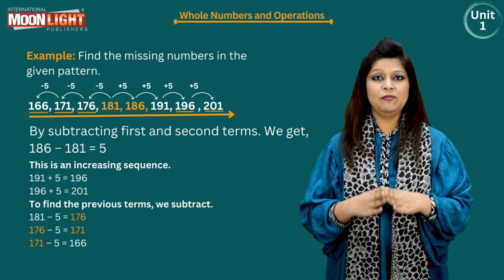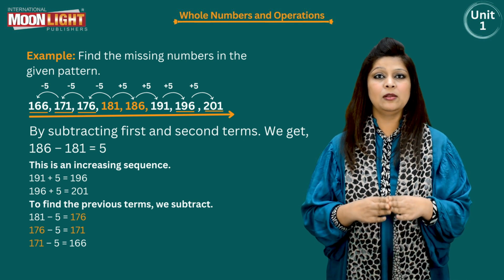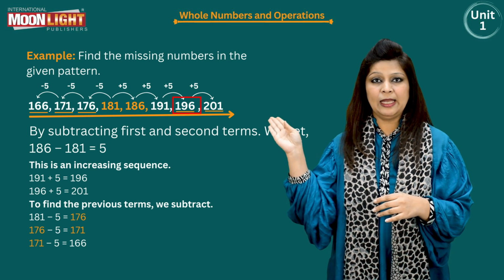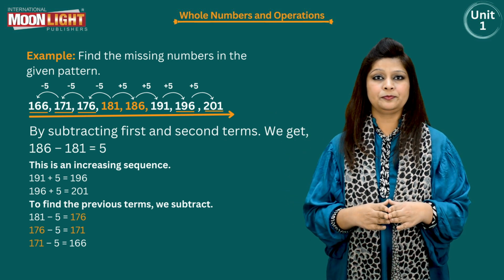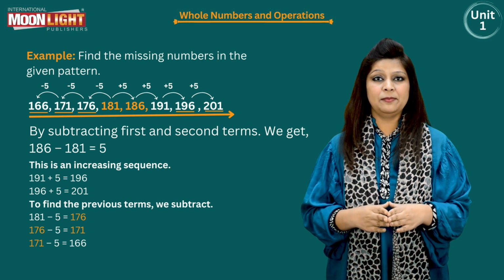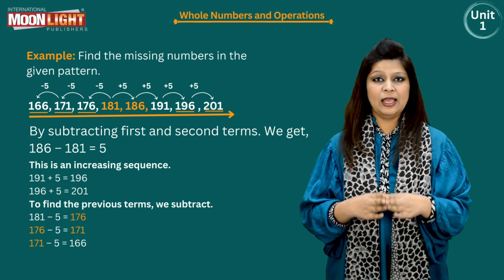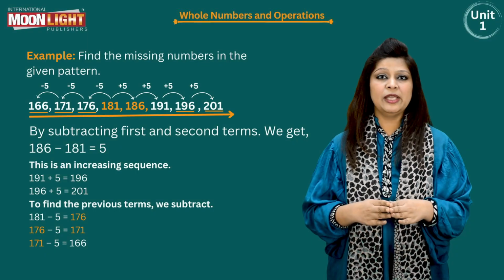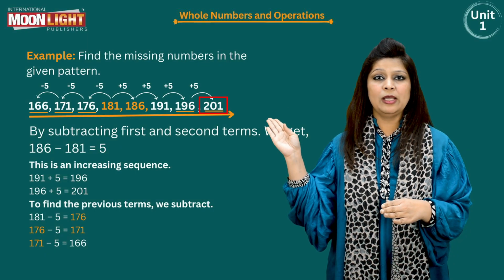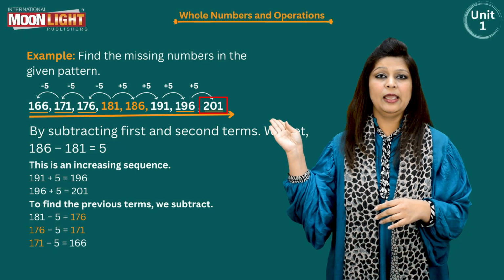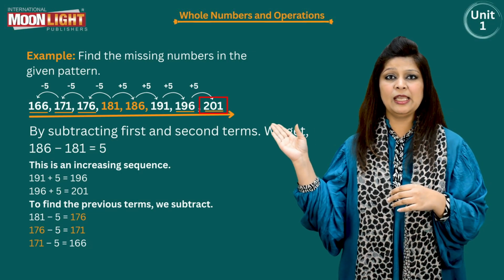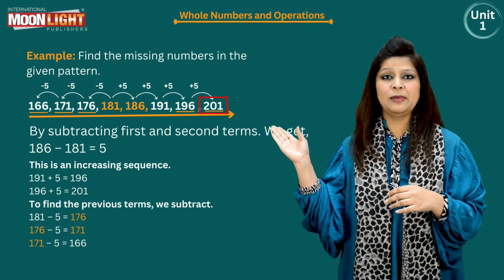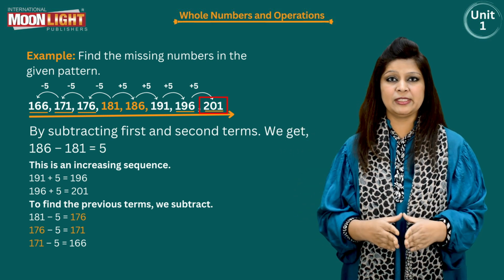By adding 5 to 191, I get the number 196, which you can write over here. Now, by adding 5 again, I will get the next term, which is 201. So, I will write this number here. So, the last number of this pattern is 201, by adding 5 to the previous term.